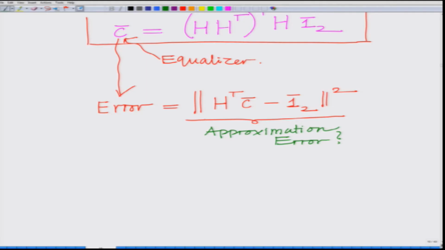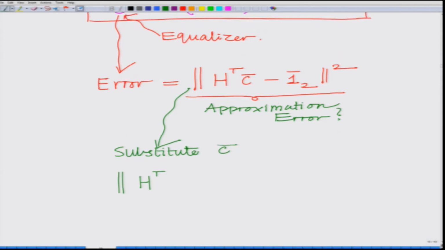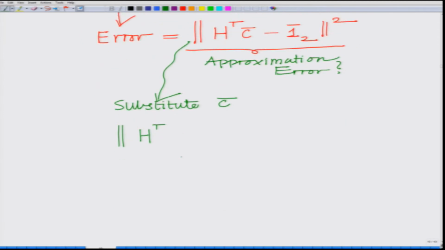In other words, if we substitute C bar, our least squares equalizer, what do we get? We get the norm of H transpose C bar minus 1 bar 2, whole square, but C bar, as we have derived above, is H transpose inverse H into the vector 1 bar 2.